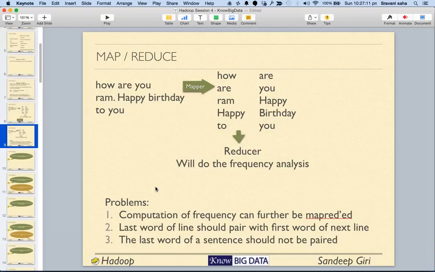You will have to compute that frequency using multiple machines rather than a single machine, and that has to be properly done. There are multiple techniques for that. I'll give you the time to think about these problems, and we will discuss the second and third problem today.